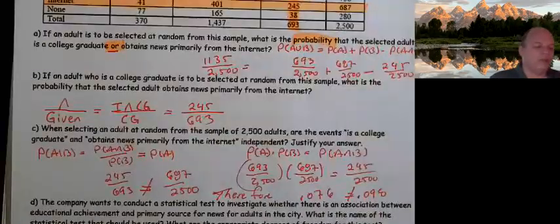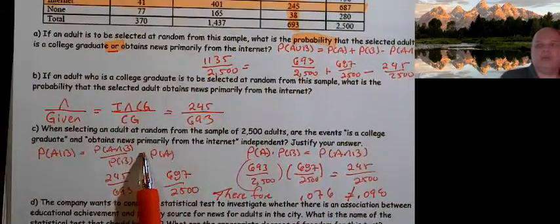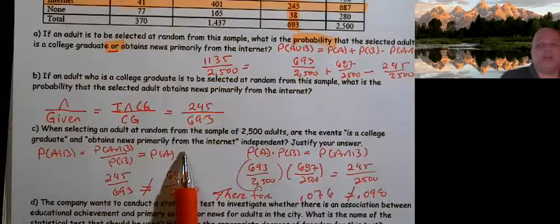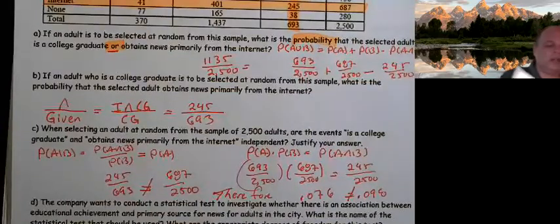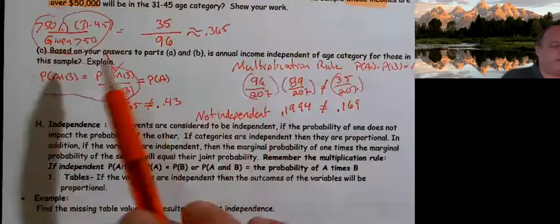Okay? So on this problem, did they tell you what to do? They just said, hey, are they independent? They didn't tell you how to approach independence. They just said, approach independence and let us know if it is. All right? Here, they gave you some direction.